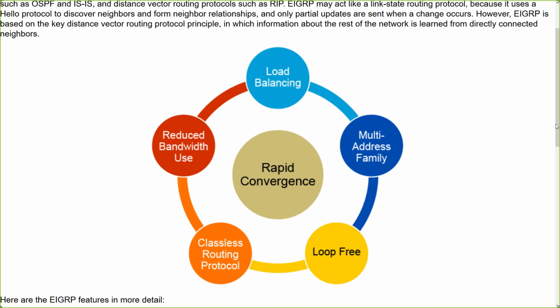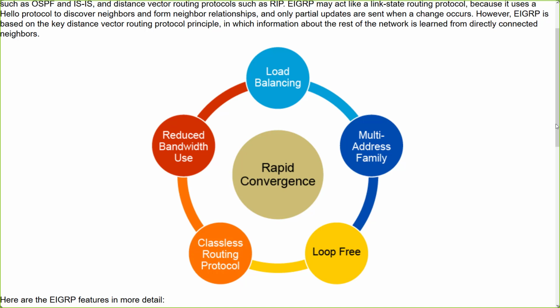Reduced bandwidth usage. I'm going counterclockwise here because the last one I want to talk about is a little bit different. Reduced bandwidth usage means that EIGRP is more efficient than a traditional distance vector routing protocol.